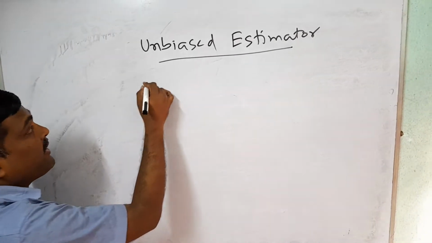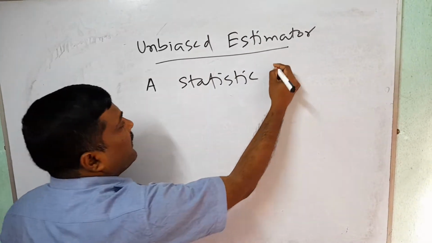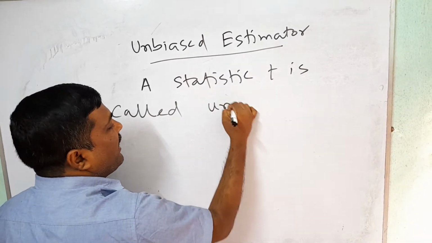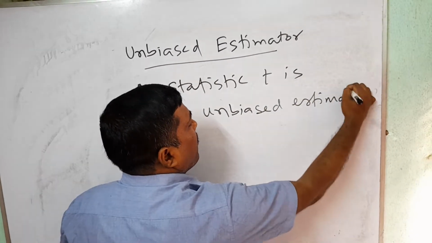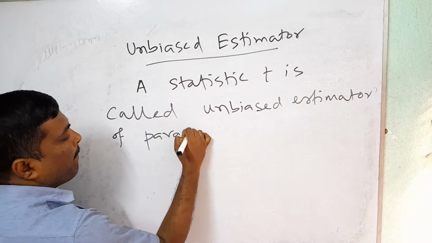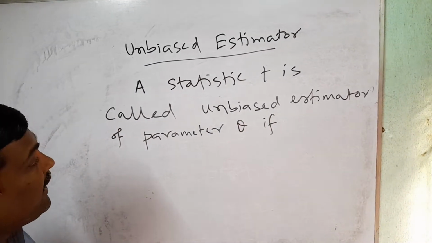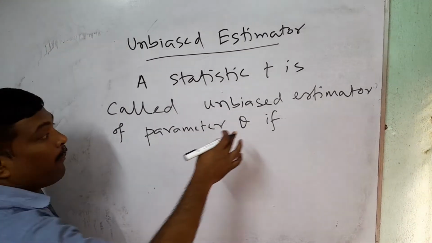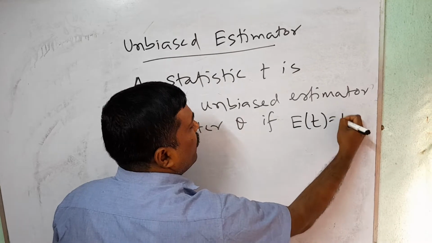Suppose a statistic T is called an unbiased estimator of parameter theta if E of T equals theta.